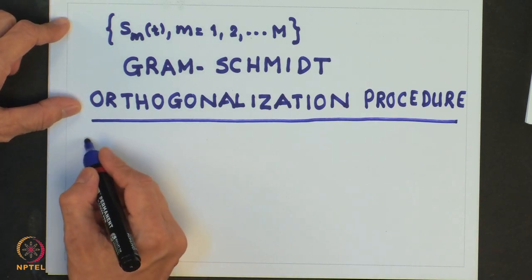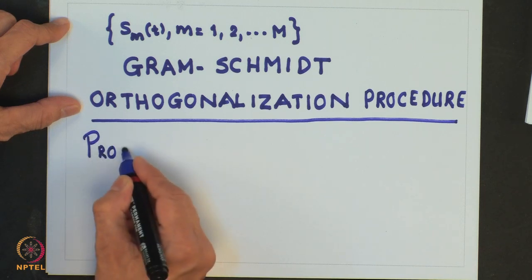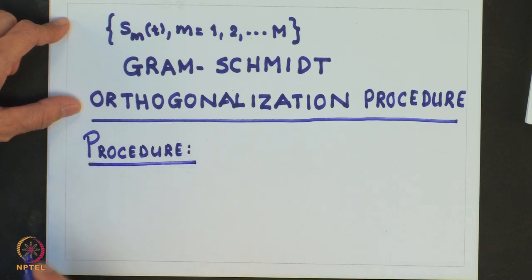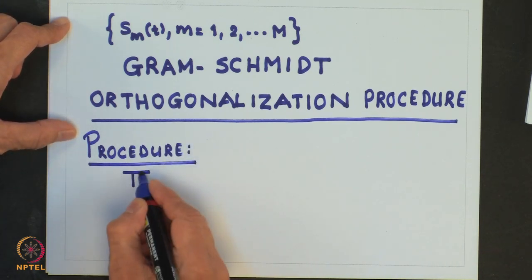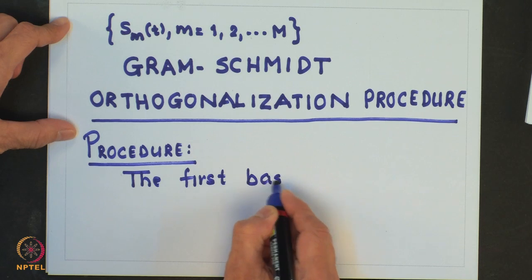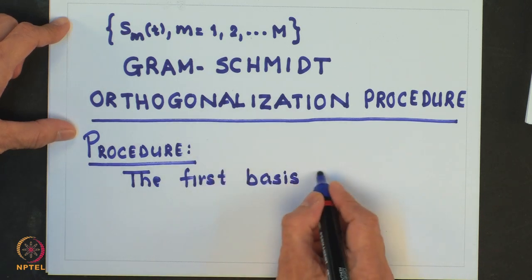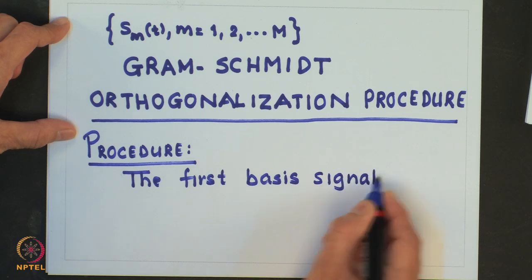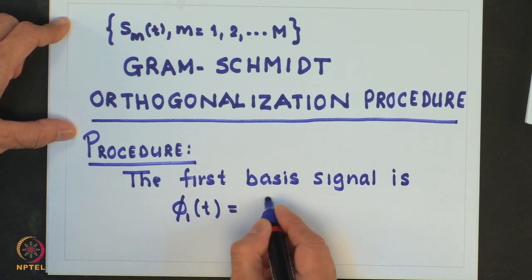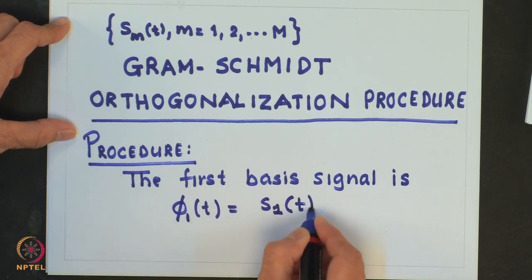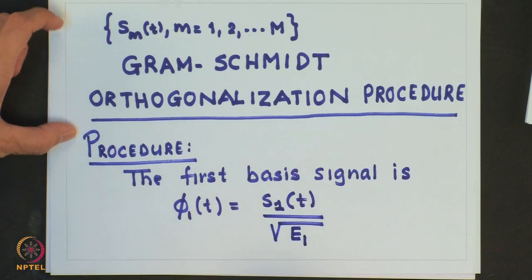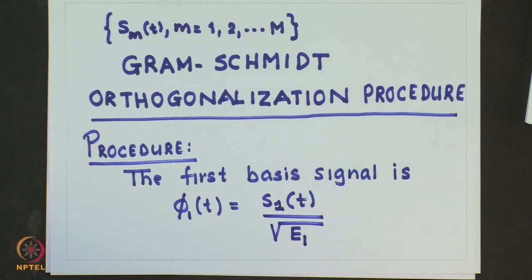Okay, so let us look into this procedure. The first basis signal can be chosen as follows. It is s1(t), and you normalize with the square root of the energy of this s1(t).